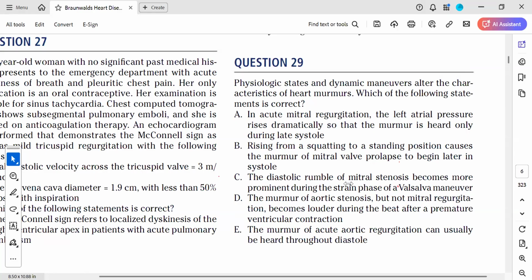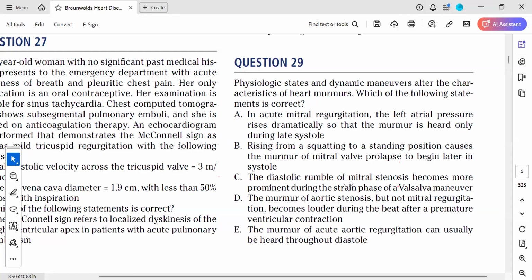At the onset of left ventricular contraction, there is a pressure gradient between the LA and the LV cavity, meaning that rapid flow of blood across the mitral valve will make the murmur occur early in systole, because as the regurgitation continues, there will be equalization of the pressure between the LA and the left ventricle, meaning that the murmur is best heard during early systole, and that makes that one false.